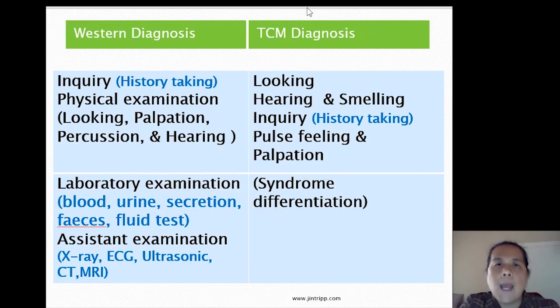Percussion we talked about last week. Basically we use our fingers to tap the patient's body, and then we hear the sounds coming from the patient. When we go to physical examinations, we will go into detail about it. But right now, we know the percussion part is special, compared with TCM diagnosis.